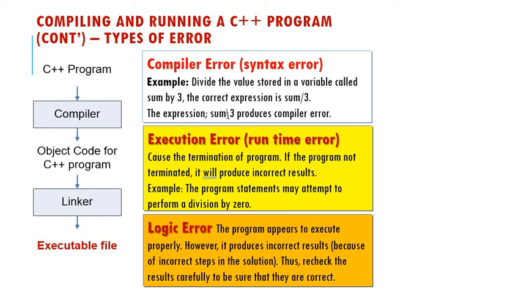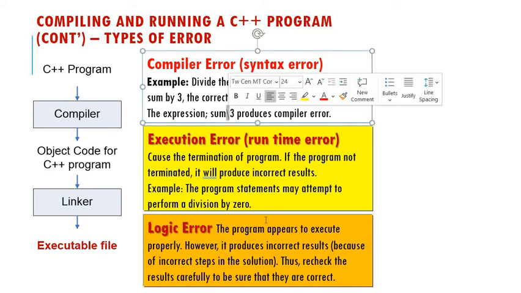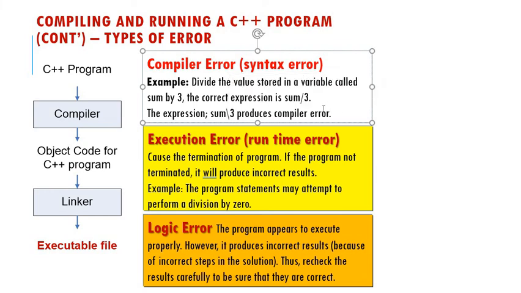Suppose you use the backslash symbol to represent the division process, but as a programmer you type the symbol of division incorrectly, so maybe you use the slash here. This is not correct. So in this situation, the computer or the software will produce a syntax error.